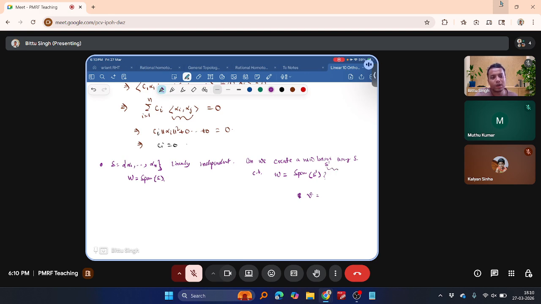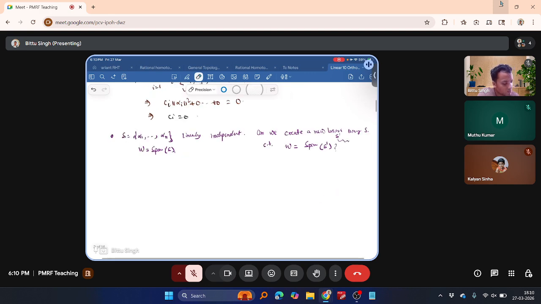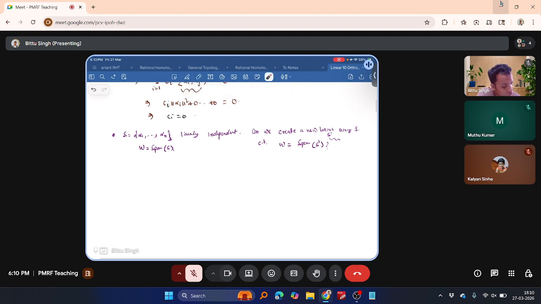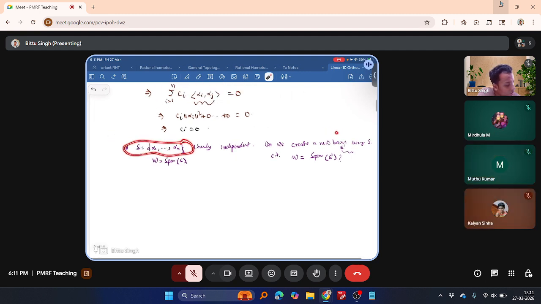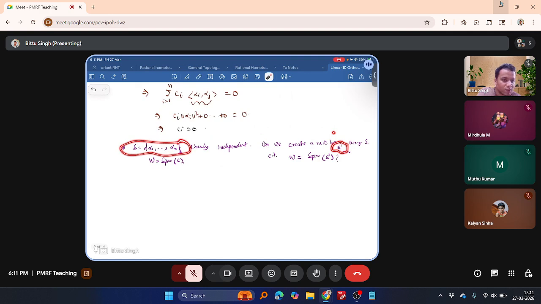You just need to take the inner product to find those coefficients c_i. These coefficients are easy to find using an orthogonal basis. So it is always interesting to make an arbitrary basis into an orthogonal basis. S is any arbitrary basis, and we are trying to make an orthogonal basis using this S.